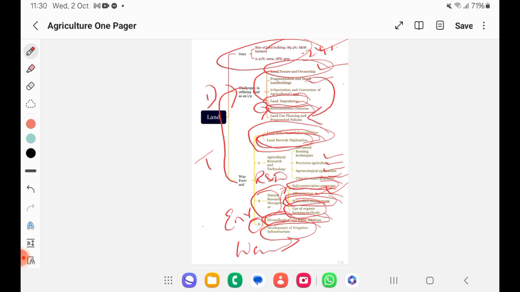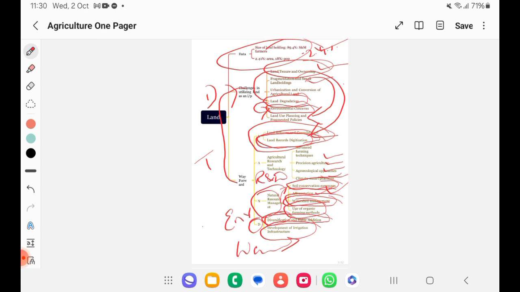Then we have a problem, fragmentation of land holdings. For this only we are going for consolidation. Okay. Then we have urbanization and conversion of agri land. So under that we should be going for development of diversification methodologies, right?